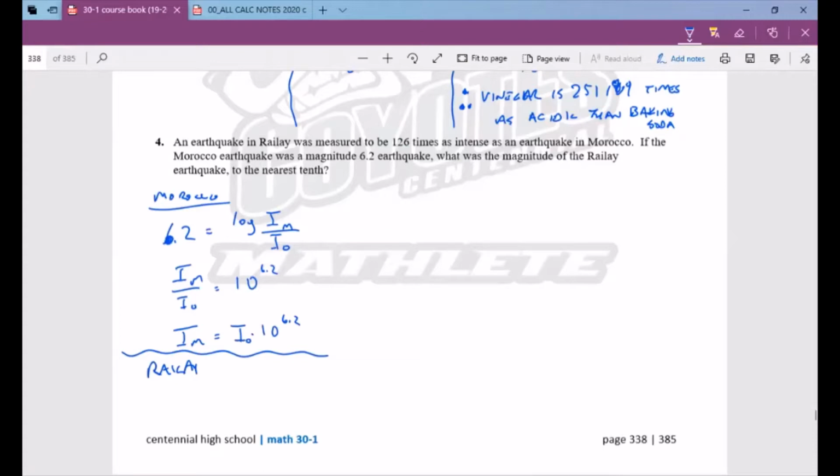For Rayleigh, we do the same thing. We have MR is equal to logarithm of IR over I naught.